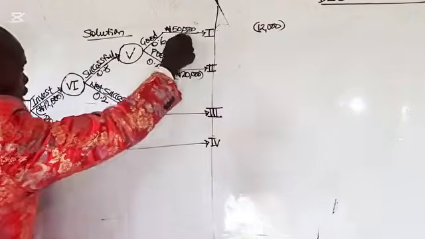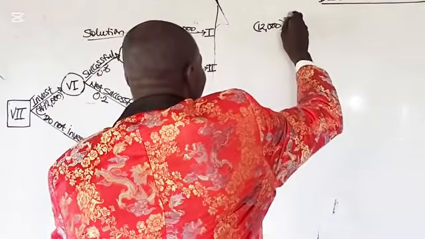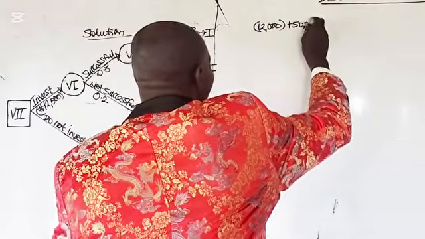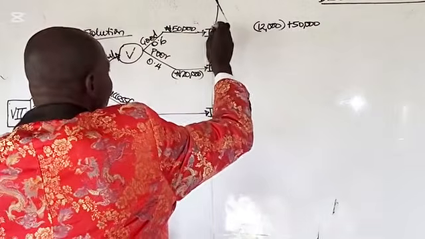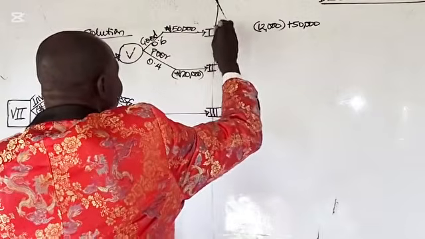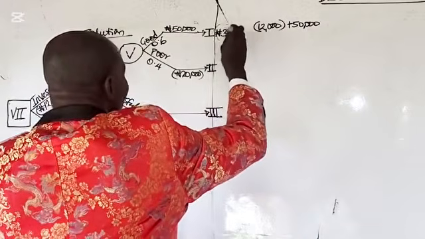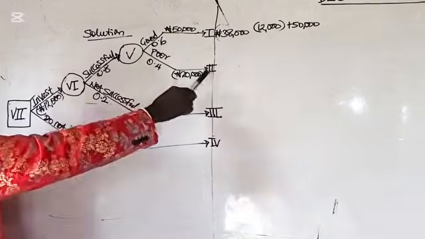So you have inflows of 50,000. So minus 12,000 plus 50,000 gives us 38,000. So that means point 1 gives us 38,000.